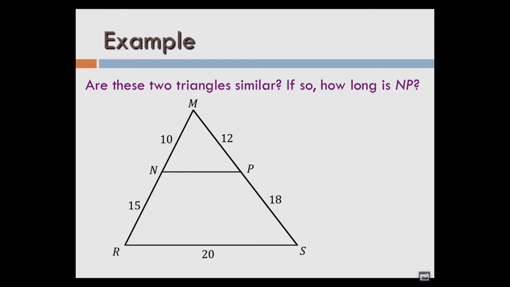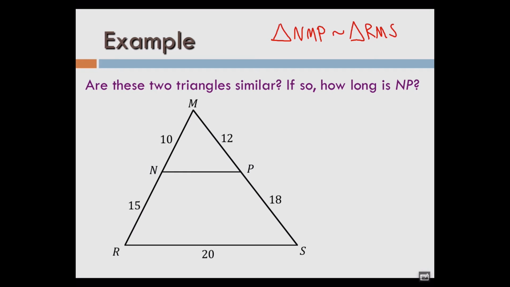Let's pretend that the two triangles in the picture are similar and write a similarity statement. So pick one triangle and start with it. I'll do NMP. If this actually proves the way that I think it will, which triangle will NMP be similar to? RMS. Are we in agreement? Beautiful. Okay.